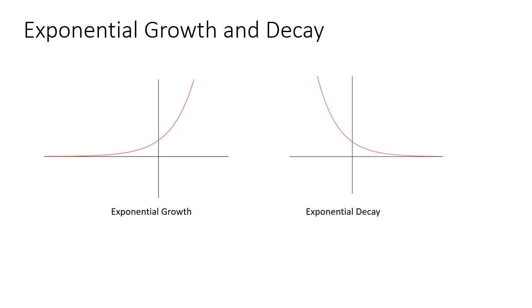Well, we've seen examples of two specific exponential function graphs so far, but what about the others? It turns out that all exponential functions will either fit one of these two shapes, exponential growth or exponential decay. So let's think about when that would happen. Previously we graphed 2 to the x.